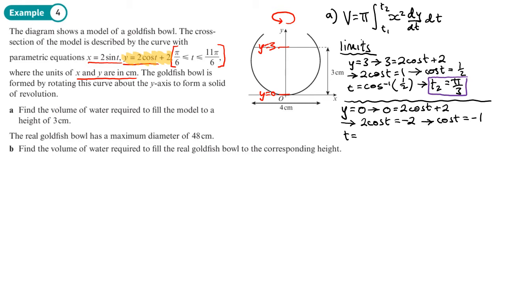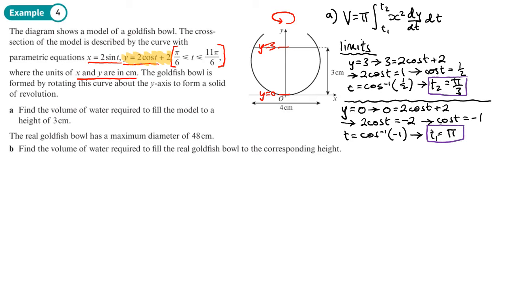So t will be the cos inverse of minus 1, which will give us a t value of pi. Okay, which is my lower limit, so this is t1.